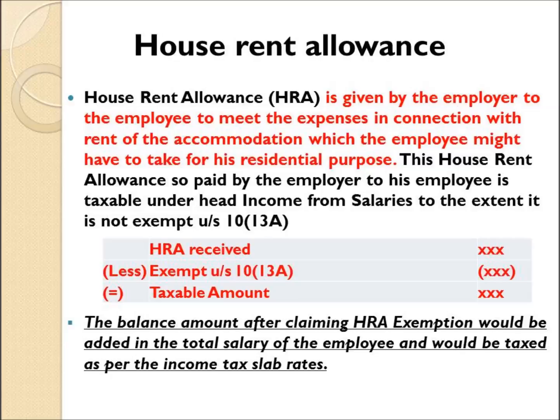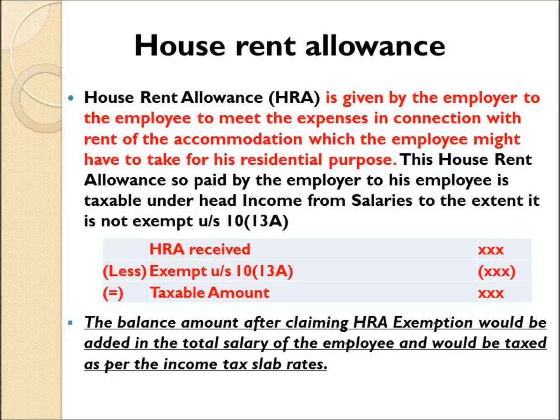This house rent allowance, so paid by the employer to his employee, is taxable under the head income from salaries to the extent it is not exempt under section 10 subsection 13A.